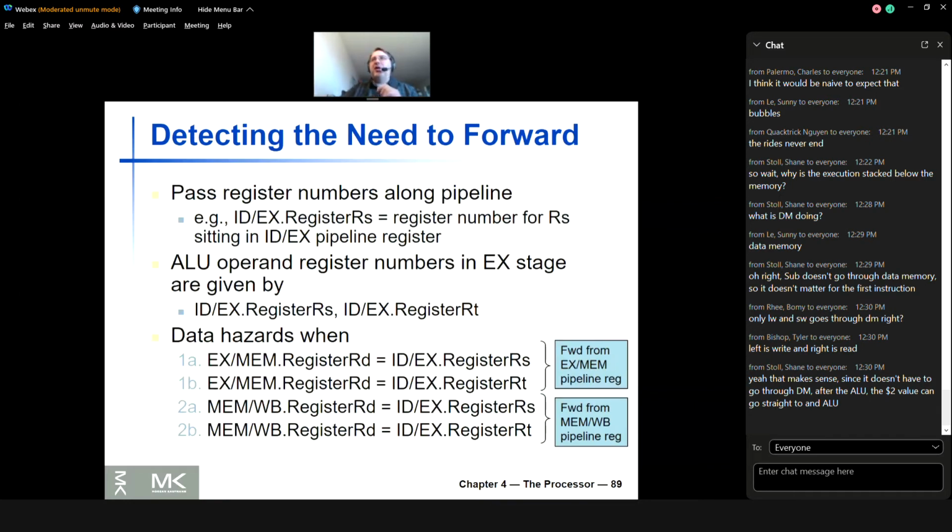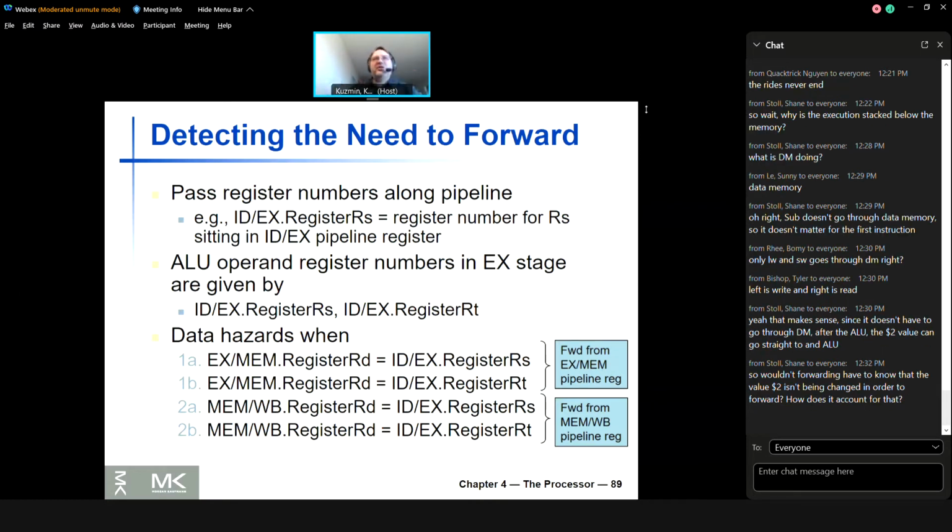All right, based on this, here are the formulas that allow us to actually implement the flag that would tell us that forwarding is needed. We pass register numbers along the pipeline, as we have seen in those registers between the stages.